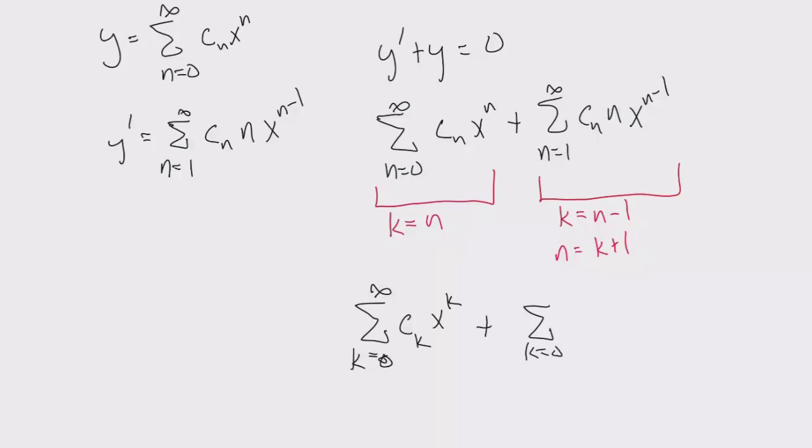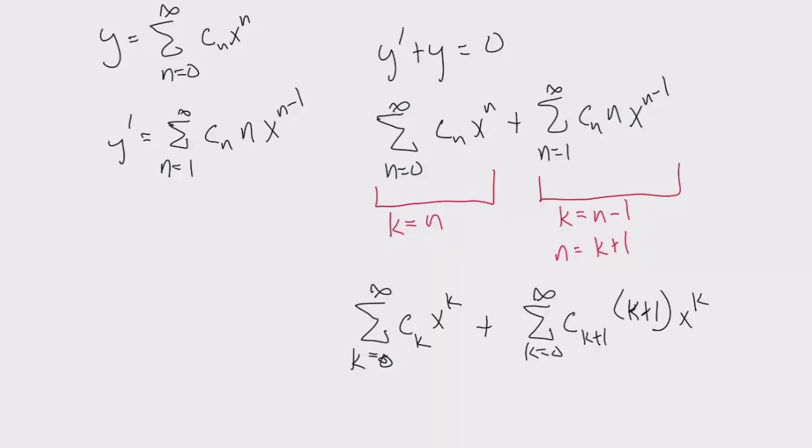Got those two to match to infinity. And then this is c sub k plus 1 times n, and n is k plus 1, x to the k. Oh, that's good.